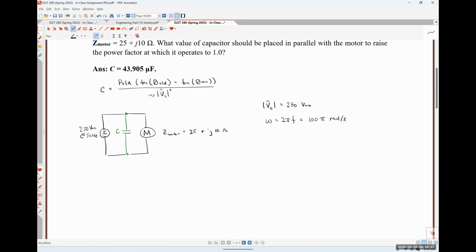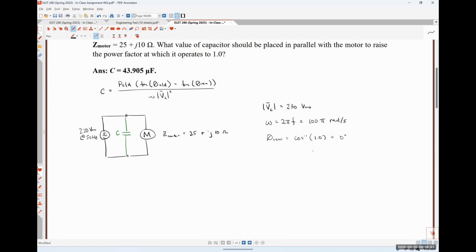If my target power factor is unity, what does theta new, the angle after power factor correction, have to be? 0. So theta new is going to be the inverse cosine of 1, which is 0 degrees.